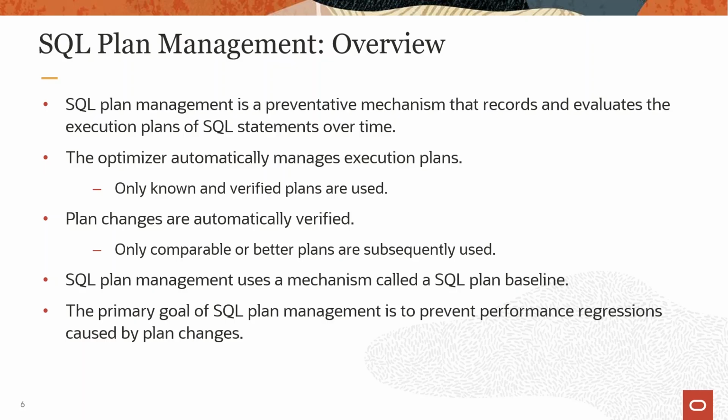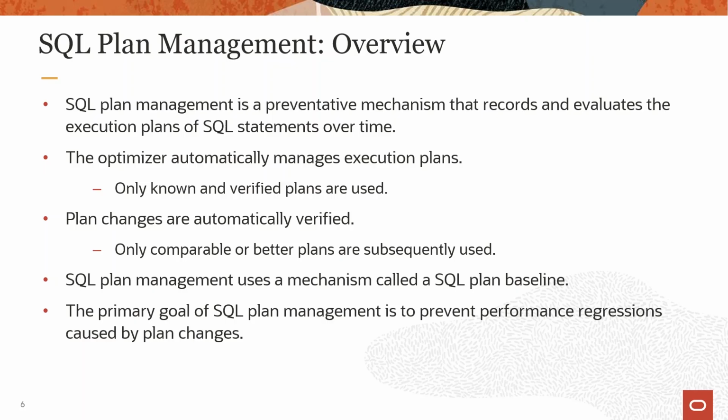The optimizer will automatically manage those execution plans and will only use known and verified plans. Now, the new execution plan that was generated after a change has been implemented into the database can then over time be verified with the initial execution plan. And if that new execution plan shows the same performance or gives even a better performance than the initial plan, from that point in time on, that new execution plan can be used.